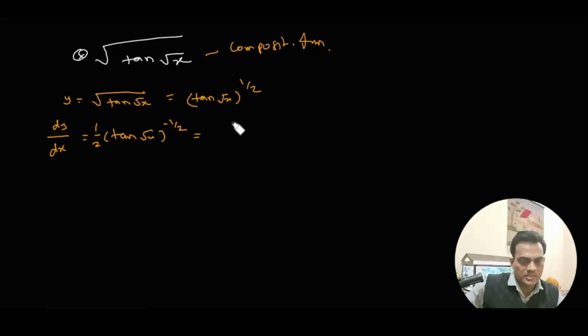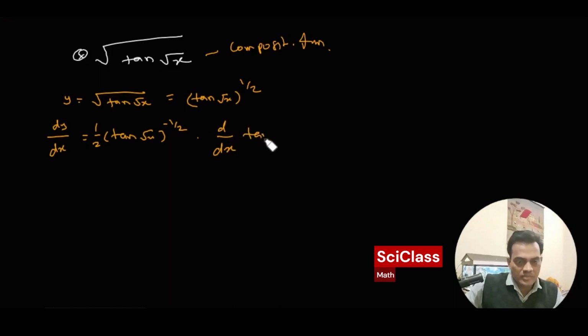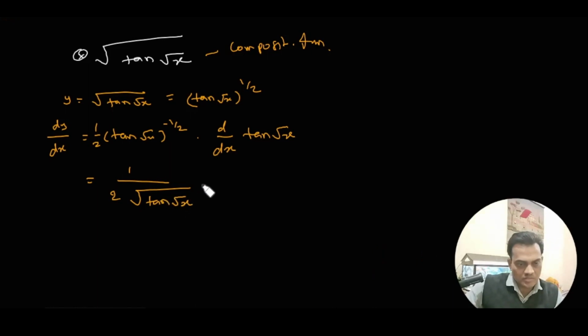Because it is a composite function, we have to take the derivative of tan of square root of x again. So it becomes 1 upon 2 square root of tan of square root of x, into the derivative of tan x, which is sec square x. I write sec square of the square root of x, keeping it as it is. Again I have to keep the derivative of square root of x as it is.